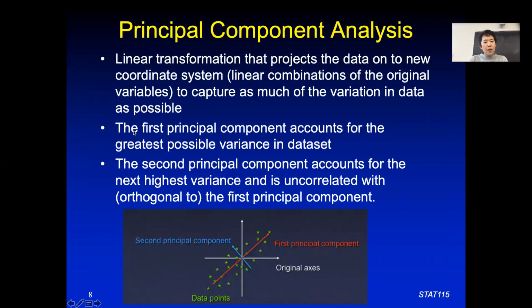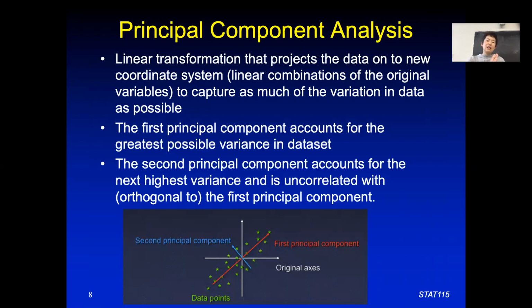And so PCA, in some sense, will decompose the original data into different dimensions, and in each dimension, use a linear combination of all the genes to capture the maximum variation in all the samples.